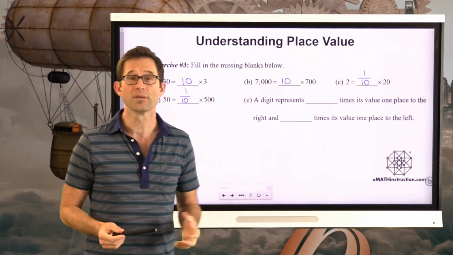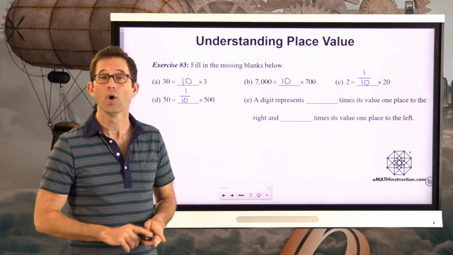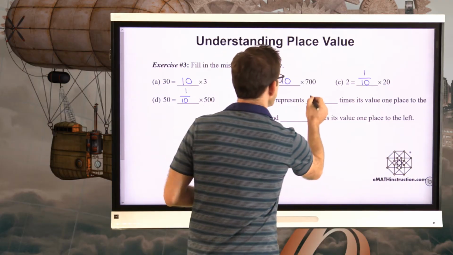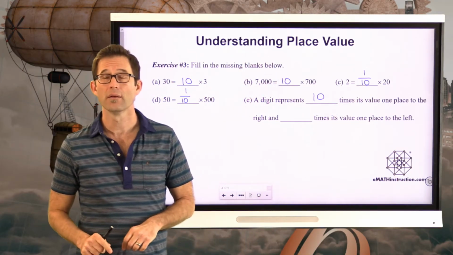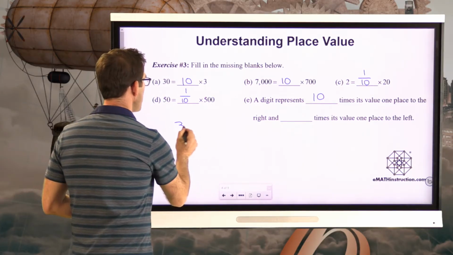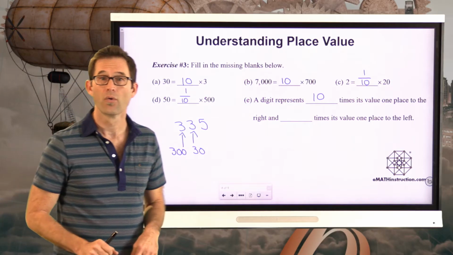Now, what this leads us to is a very simple fact about our place value system, which is that a digit represents 10 times its value one place to the right. And again, understand what I mean by this. If we had something like 335, right, this represents 30, but this represents 10 times 30, or 300, right?